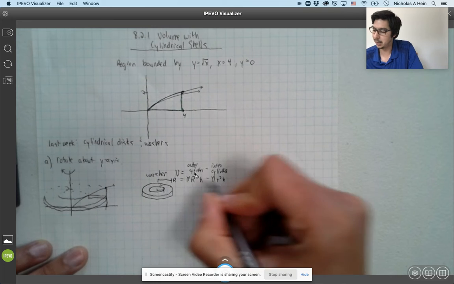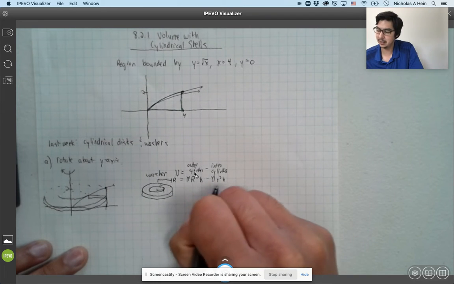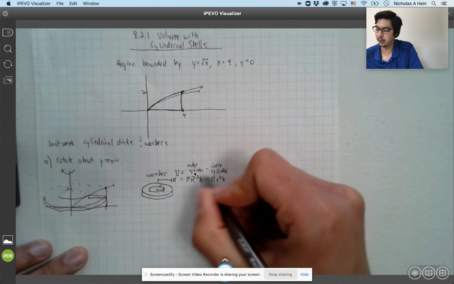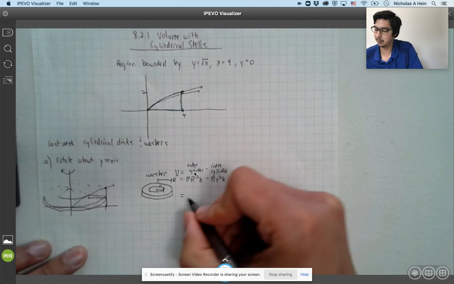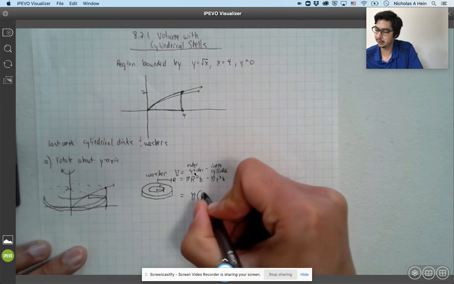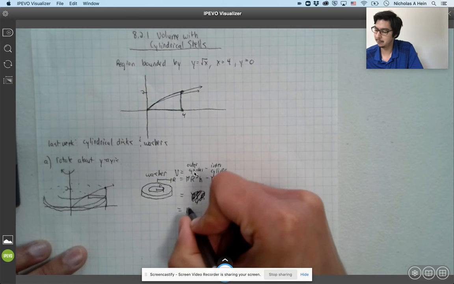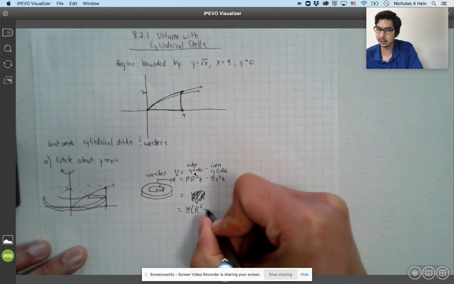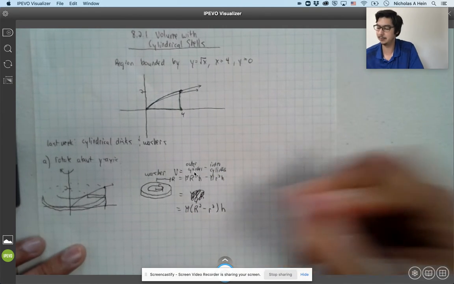And if you notice that the pi and the height are both in common, the volume ends up becoming pi times outside radius squared minus your inside radius squared times the height.